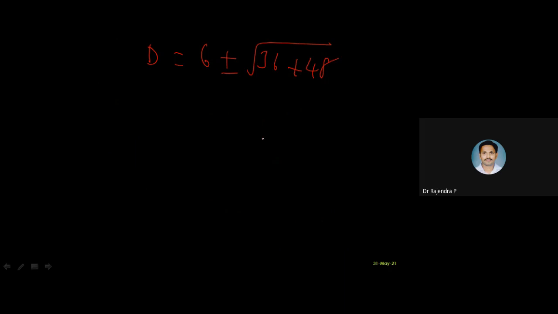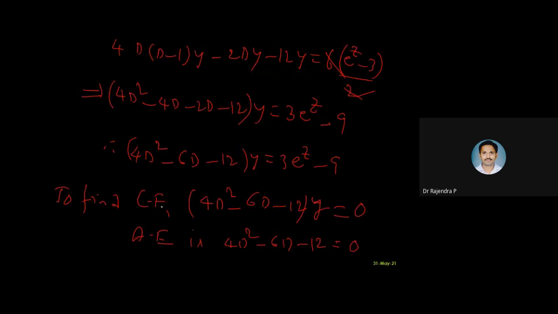Correct? b square minus 4ac, all by 2a. The a value is 1, right?